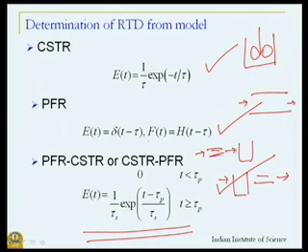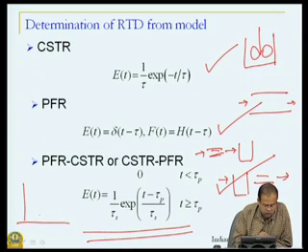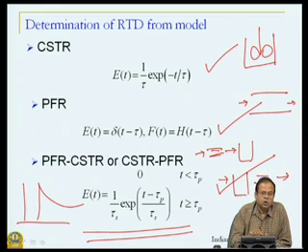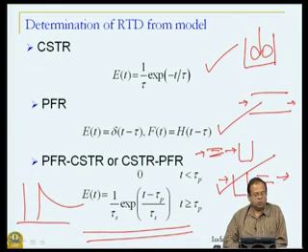So, this is what I meant when I said that you can determine from the model. For example, suppose our experimental determination of the exit age distribution looked something like this. It means that my reactor is neither a stirred tank reactor nor a plug flow reactor, but a combination of plug flow reactor and CSTR. However, the exit age distribution alone is not able to distinguish between these two combinations.